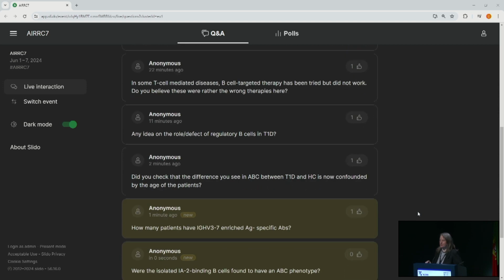I think in the case of the Pescovitz study, where B-cell depletion therapy was used in T1D individuals who had not yet developed full-blown diabetes but were on their way, the B-cell depletion clearly extended the honeymoon period. But B-cell depletion was not maintained, and eventually all of the individuals in that study progressed to type 1 diabetes.